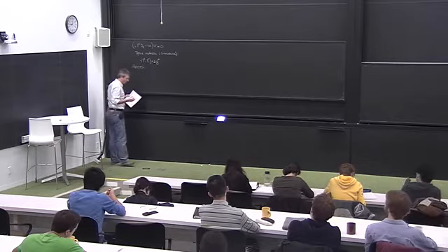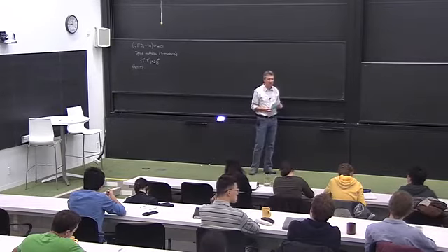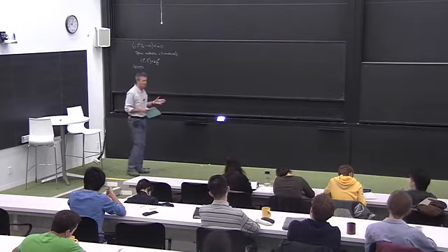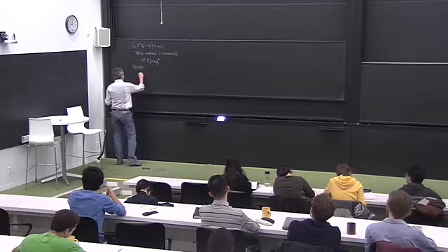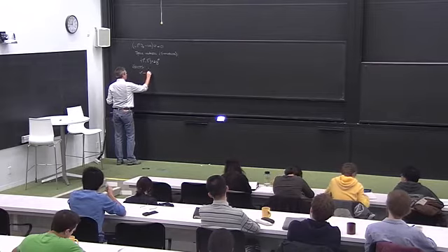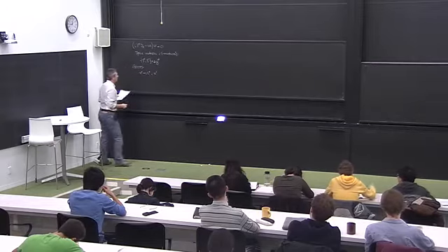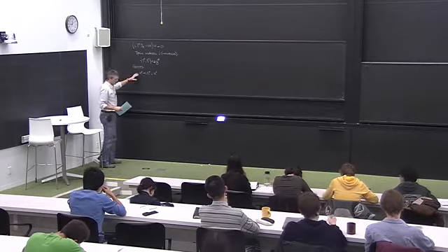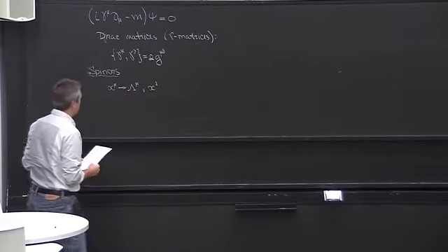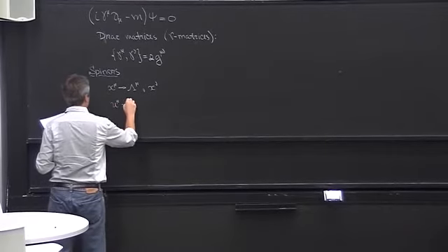Now, what makes it different is the way it transforms under changes of coordinate systems. So if we make a Lorentz transformation, which is just a change of variables in the way that we map space-time by a coordinate system, then we know that vectors transform with the same lambda.